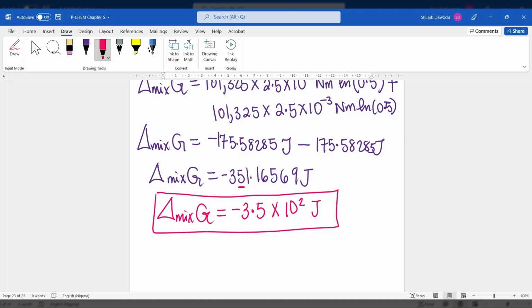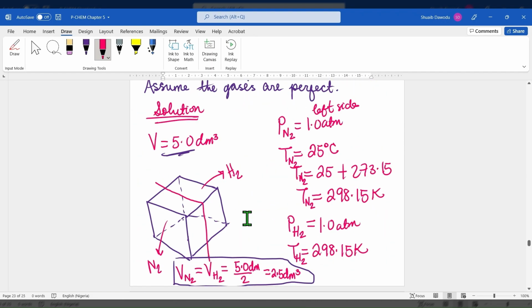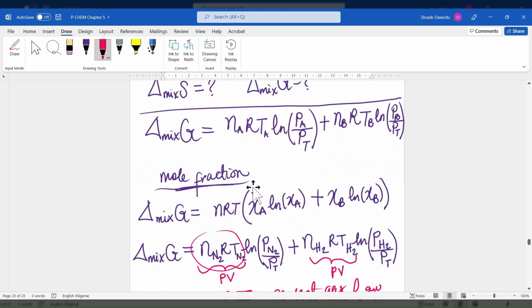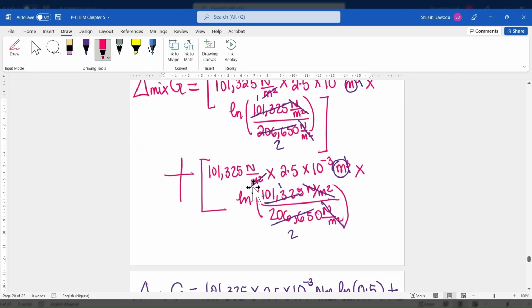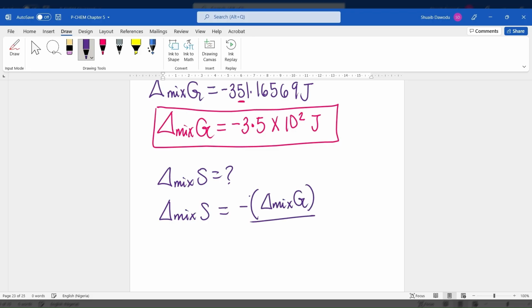Now, let's not forget, we still have the other part of the question, which is the entropy of mixing. So the change in entropy of mixing, which we're supposed to solve for, is very, very easy to solve. Since we already have the change in Gibbs energy of mixing, we can easily solve for that. The change in entropy of mixing is simply the negative of the change in Gibbs energy of mixing divided by temperature.